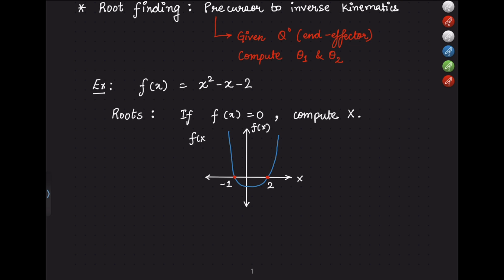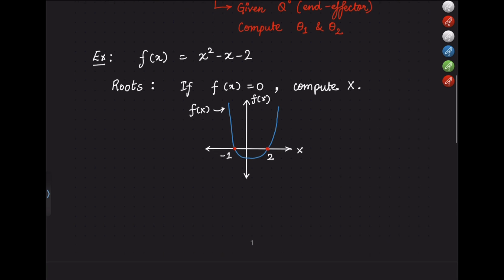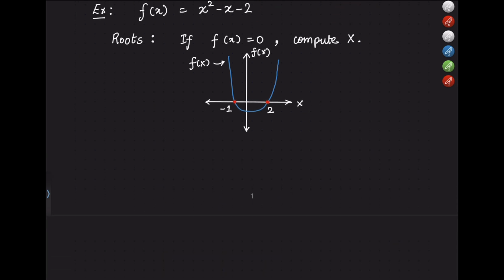So for this particular equation, it was easy to find the solution or the roots, but this is not always the case. Sometimes it's hard to find the roots of an equation analytically.